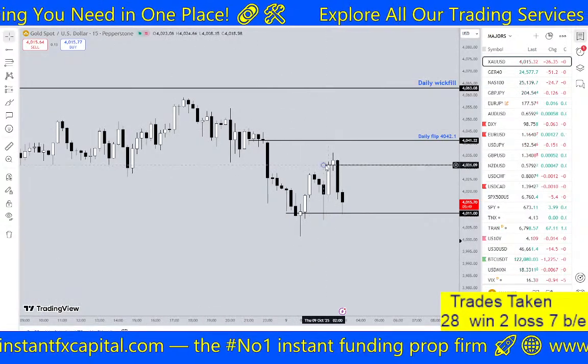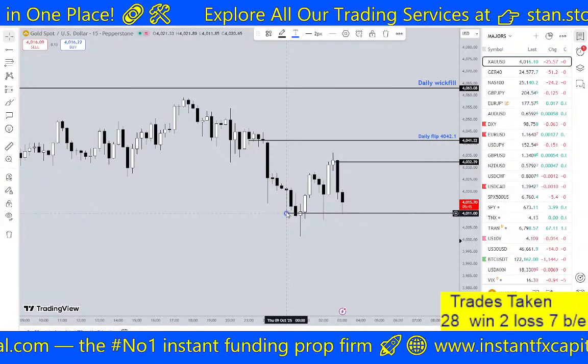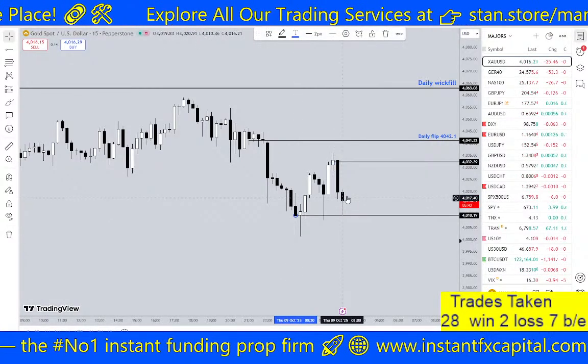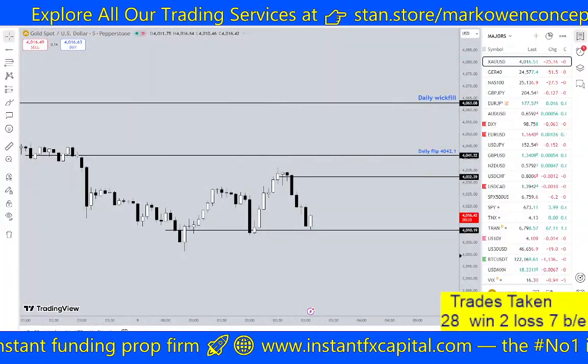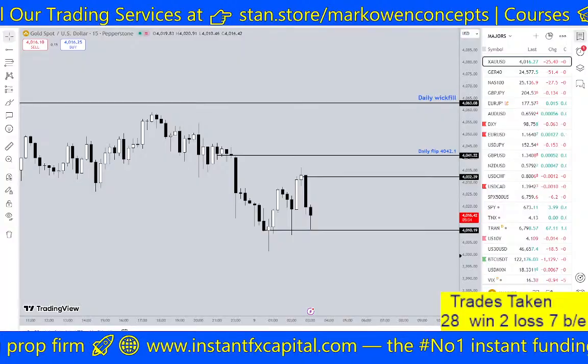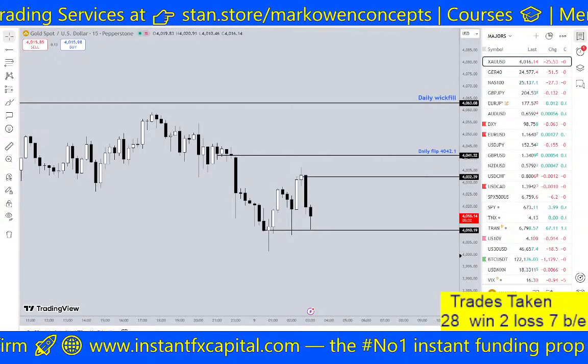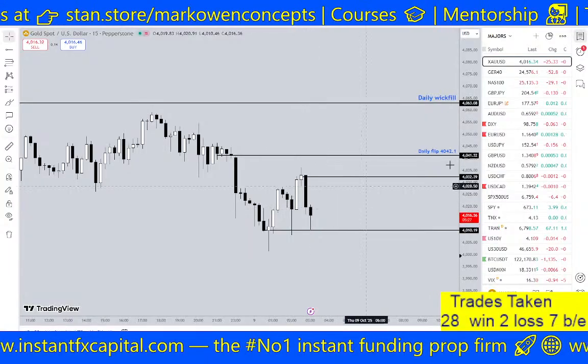So I'm just going to push that up here. So yeah, we're going to wait for price to flip over here. I'm actually going to look to buy above the high of this candle if it flips bullish.